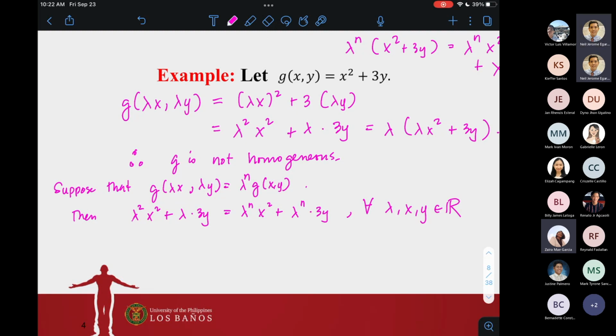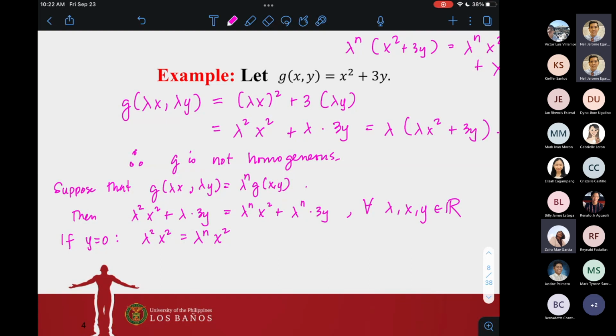So if it's true for all possible values of lambda, x and y, then if y equals 0, the equation should be true, right? So if I replace y by 0, I'll have what? Lambda squared x squared plus 0 equals lambda to the n times x squared. Right? That's what happens when y equals 0.